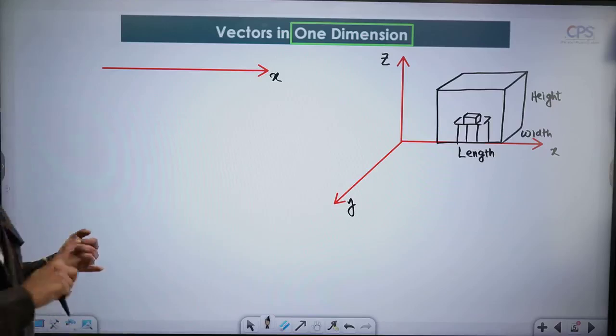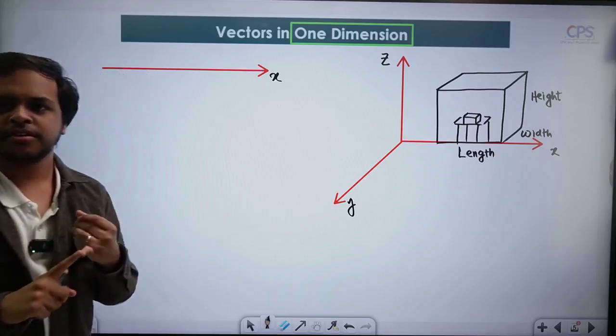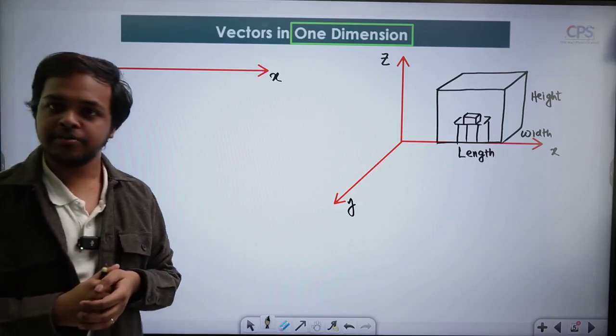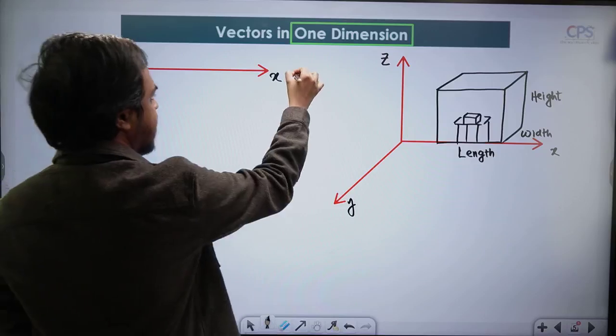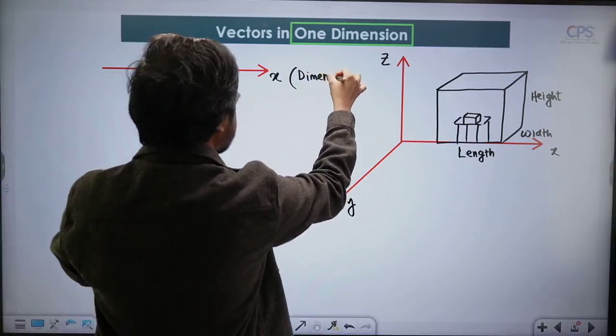Now, in the previous lecture I told you what vectors are: vectors have both a value and a direction. So this is a dimension. This one is not a vector, this is a dimension.